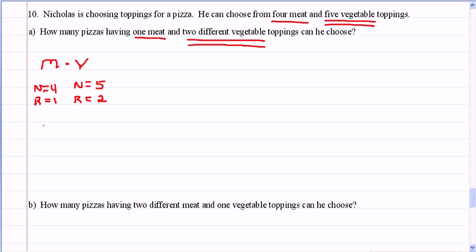So using our formula for meat, we have 4 factorial over 1 factorial, and then the difference between 4 and 1 is 3 factorial. For our vegetables, we take our n, which is 5 factorial, over our r, which is 2 factorial, multiplied by the difference, which is 3 factorial, and I expand each of these fractions out.